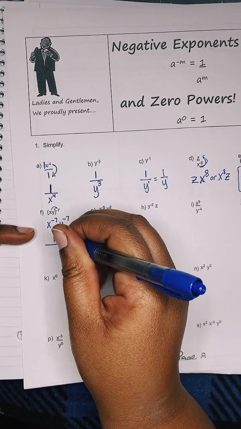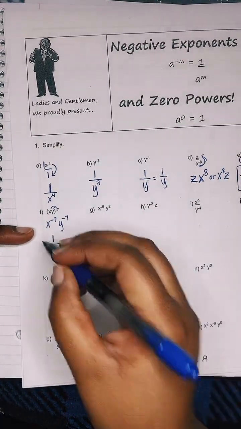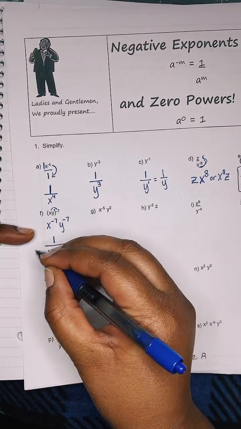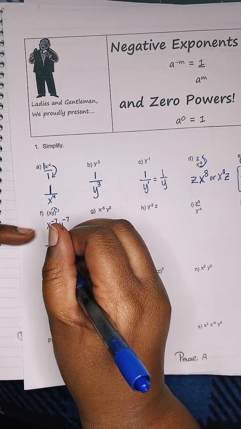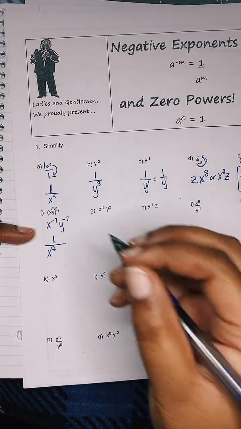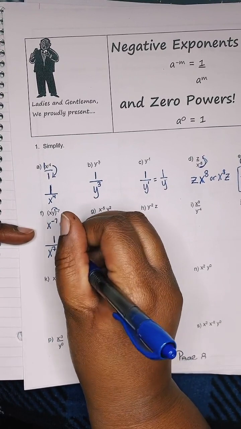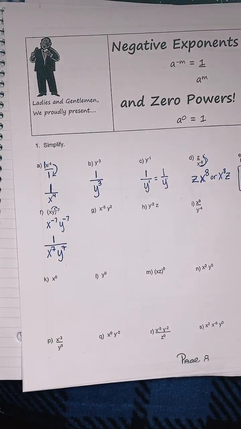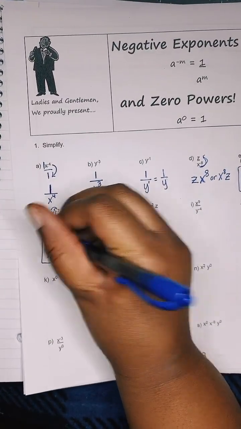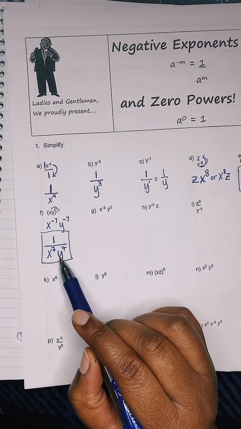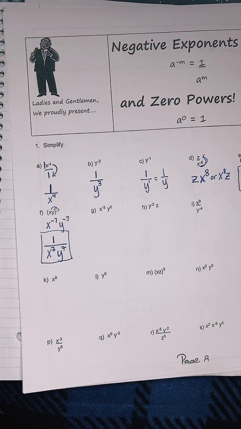So what number do we always put on top? A 1. And now I'm going to move this x to the bottom. And since I'm moving it to the bottom, it becomes positive. I also have to move this y to the 7th, so I'm going to put y to the 7th power. And that's how you get this. Beautiful. 1 over x to the 7th, y to the 7th.